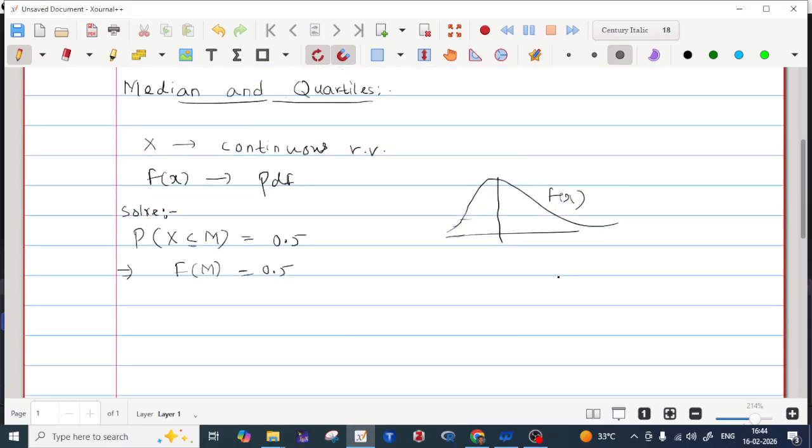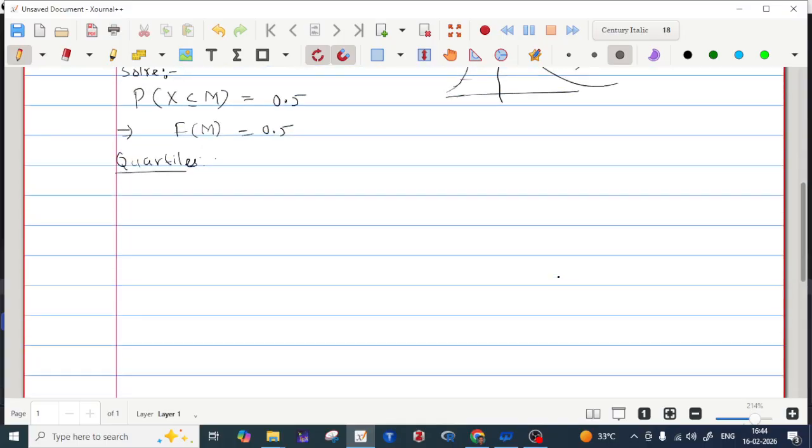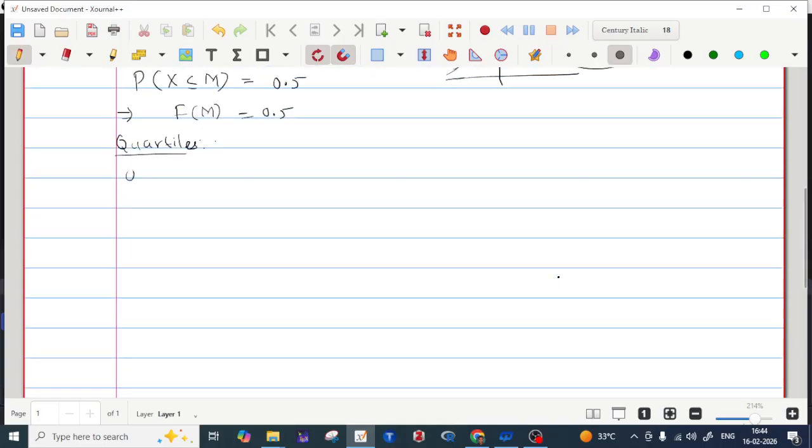Similarly, you can obtain quartiles. If you want to obtain quartile Q1, solve probability of X less than or equal to Q1 equals 0.25.